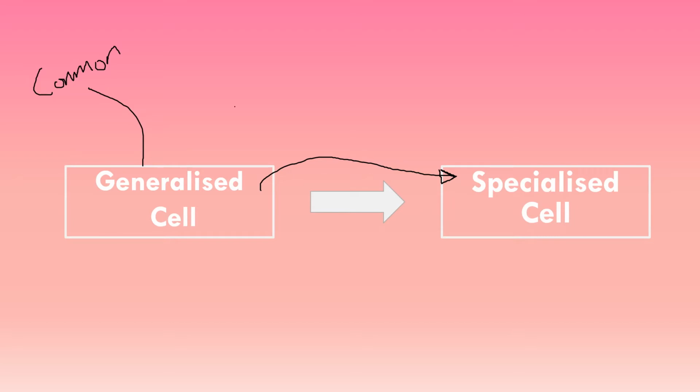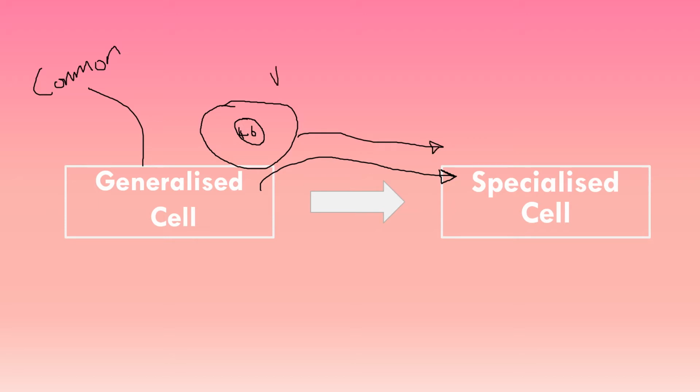So we know that each of our somatic cells, i.e. our body cells, has 46 chromosomes inside each nucleus. Not all of those chromosomes are required, because at some point in time each cell will be told what their job will be, and only certain chromosomes have the information that that cell needs to be that special job.